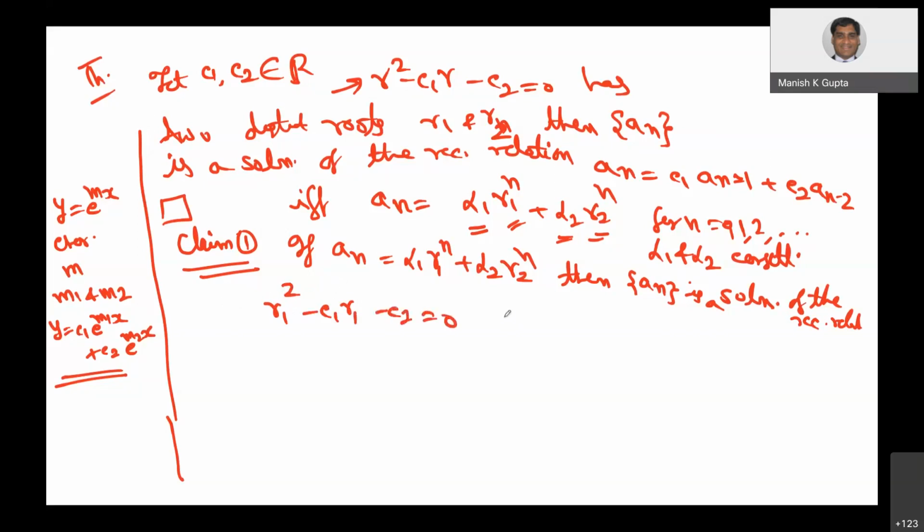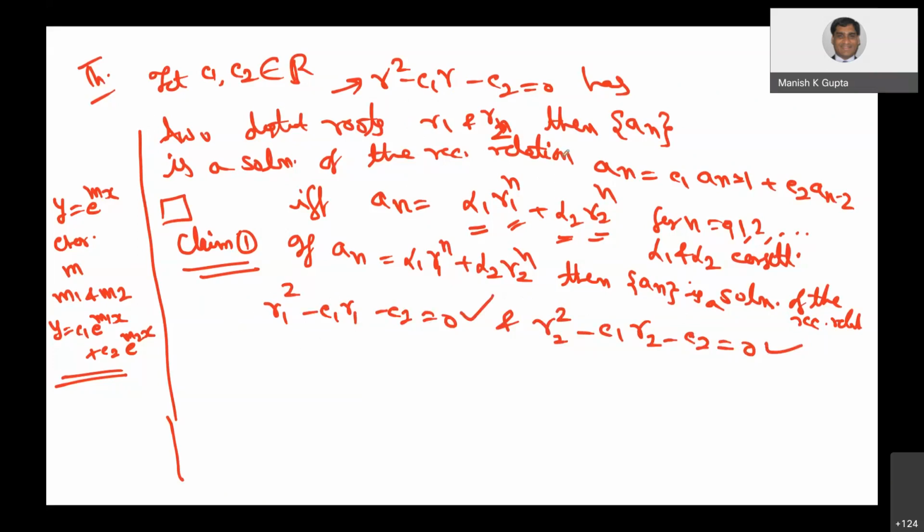Similarly, r2 is a root, so r2 square minus c1 r2 minus c2 is equal to 0, right? We have these two equations in hand because r1 and r2 are roots of this equation, so they will satisfy the equation, no problem.